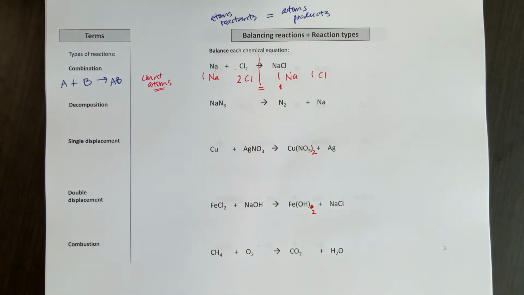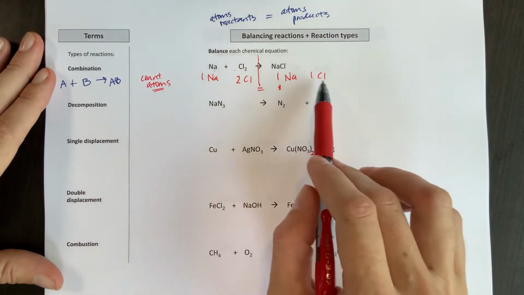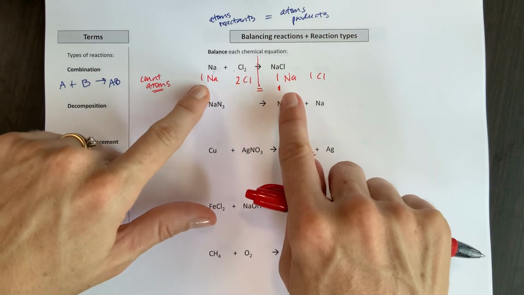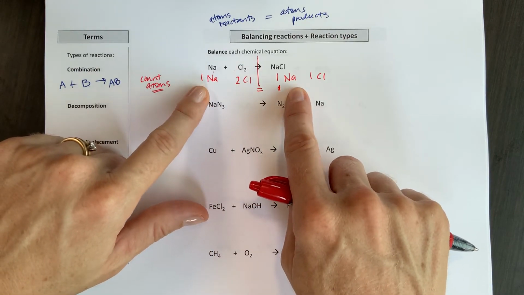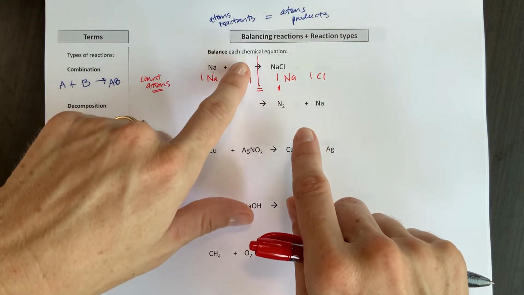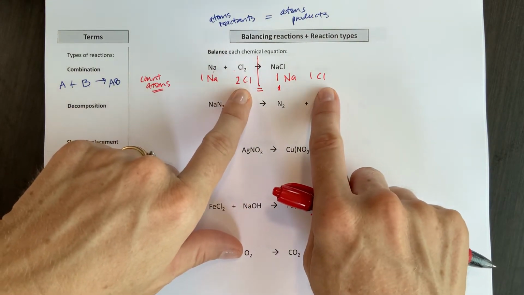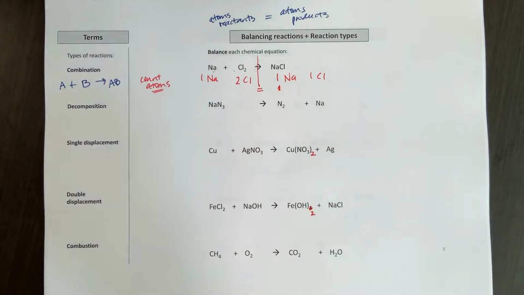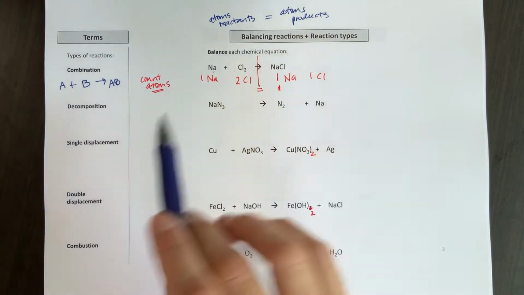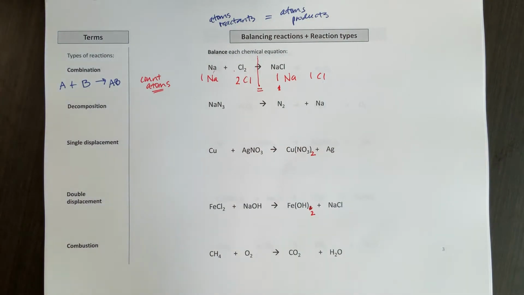All right. So now that I have taken my inventory, counted my atoms, I want to compare the 2 sides. I see that I have 1 sodium and 1 sodium. That's good, because I always have to conserve mass, right? That's a law of nature. 2 chlorines and then only 1 chlorine here. So I see that those are out of balance. So I need to add a factor or a coefficient to fix that.